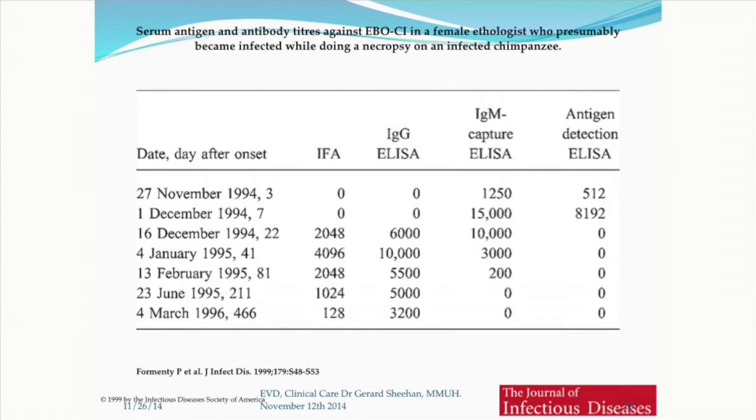And basically at the beginning, you have plenty of antigen on day 3 and day 7 by the older tests, and antigen detection, the mounting of an IgM response, and then later on day 22 and 42, the mounting of an IgG response, and the antigen going away. And she survived that infection, and essentially by somewhere between day 7 and day 22, the virus disappeared from her system.